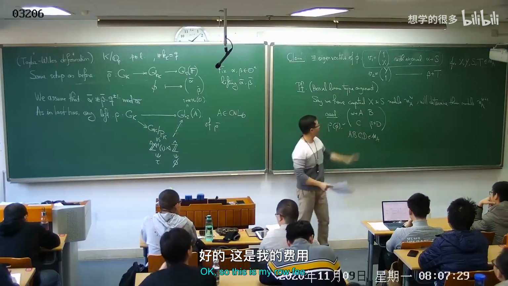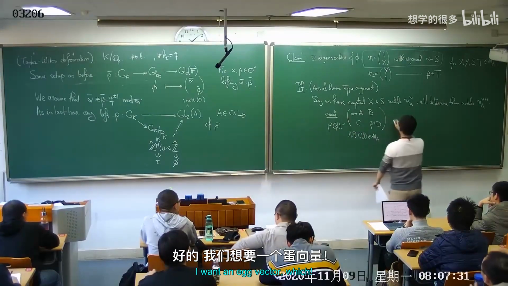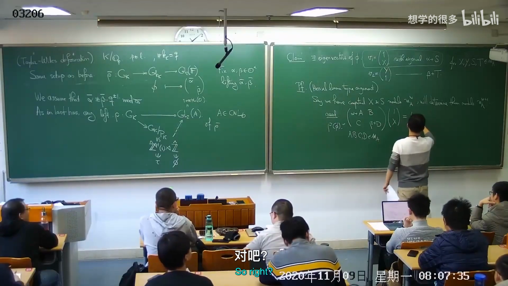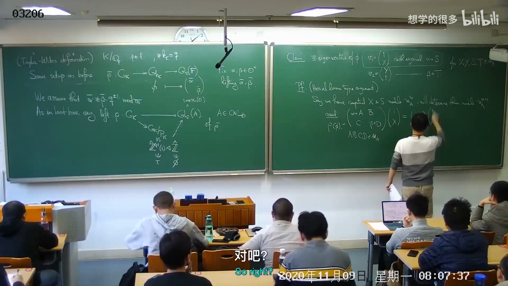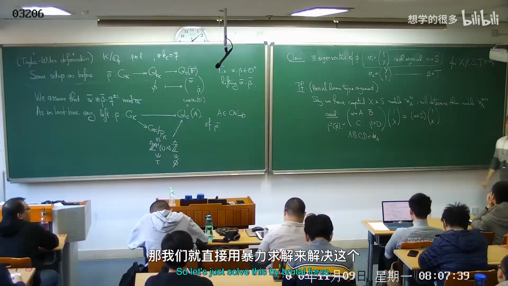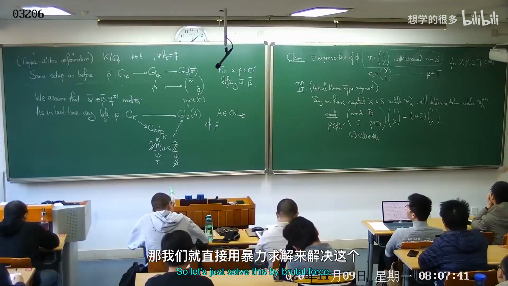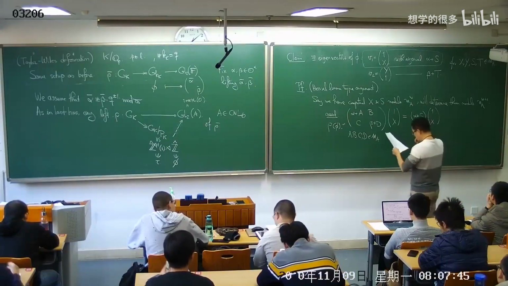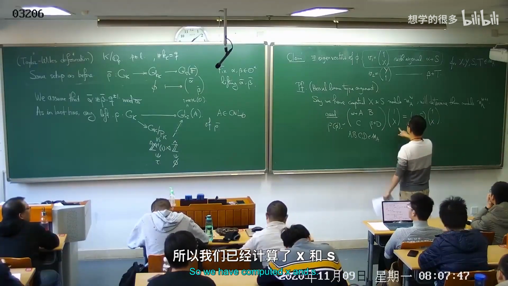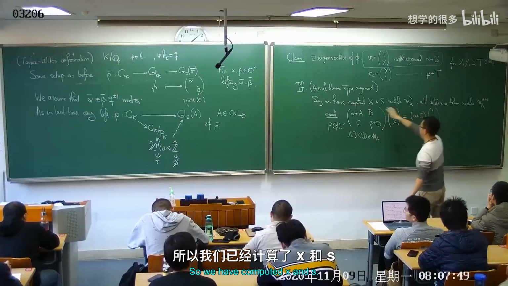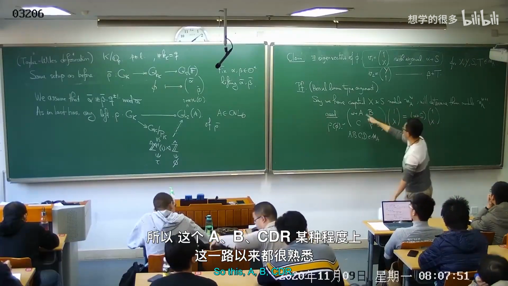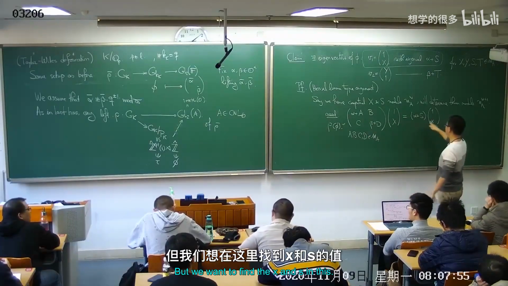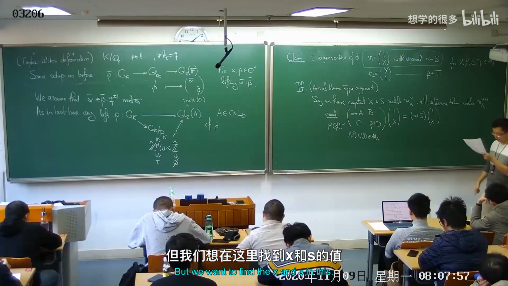So this is my rho phi. We say we want an eigenvector which looks like so. So let's just solve this by brute force. So we have computed x and s. This A, B, C, D are known all the way, but we want to find the x and s in this.